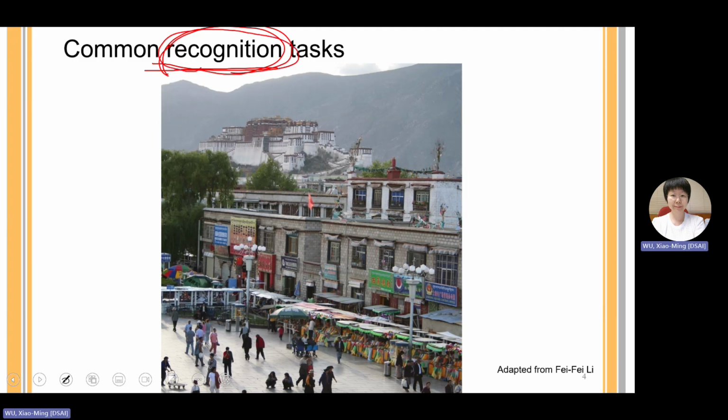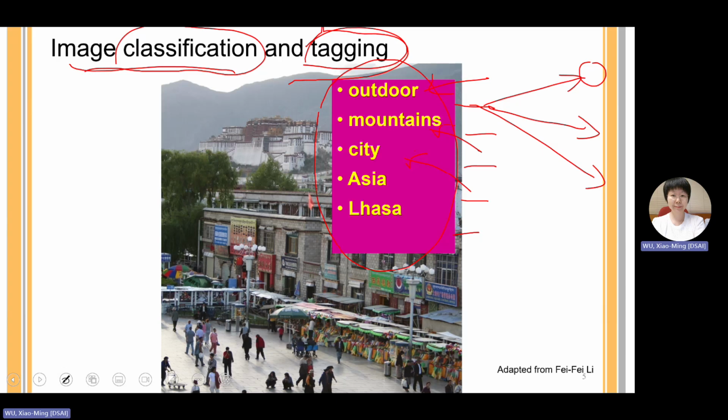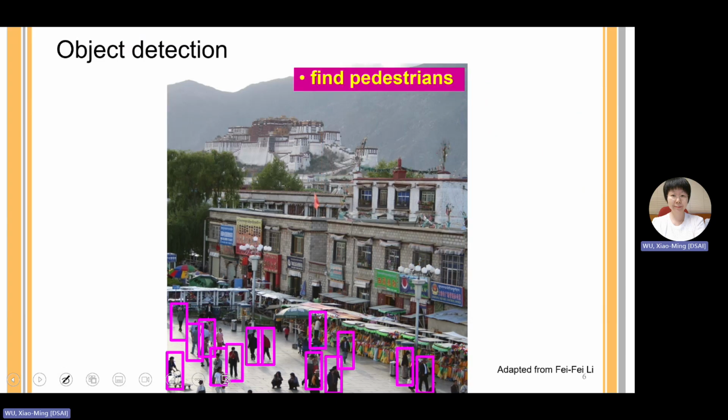When we say recognition, what can you think of? We want to recognize the objects within an image, and understand the content of the image. Besides classification, image recognition tasks also include, for example, object detection.